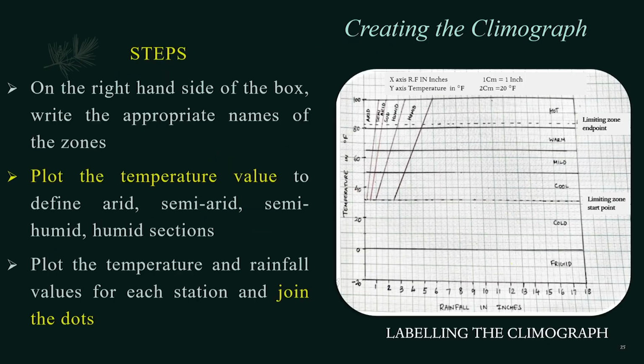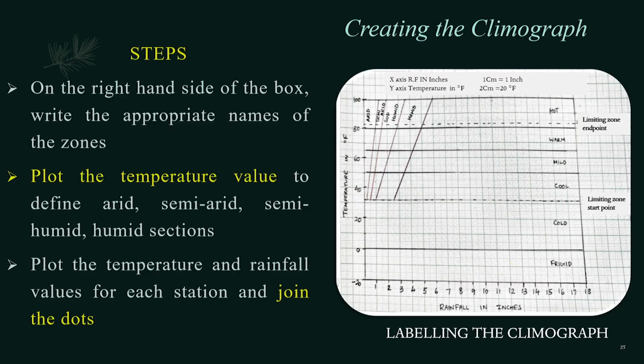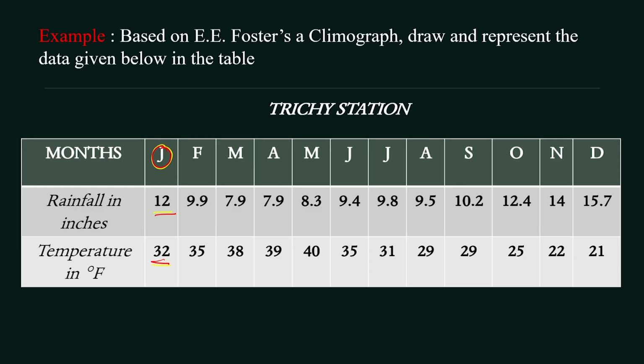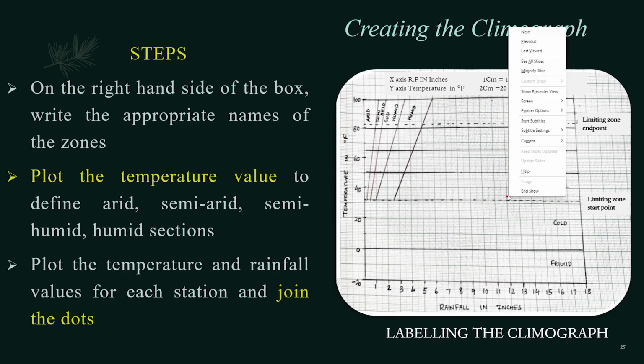In creating the climograph of Foster, we will look into a few data points on how to plot the values. For example, in January the rainfall is 12 inches and the temperature is 32 degrees Fahrenheit.